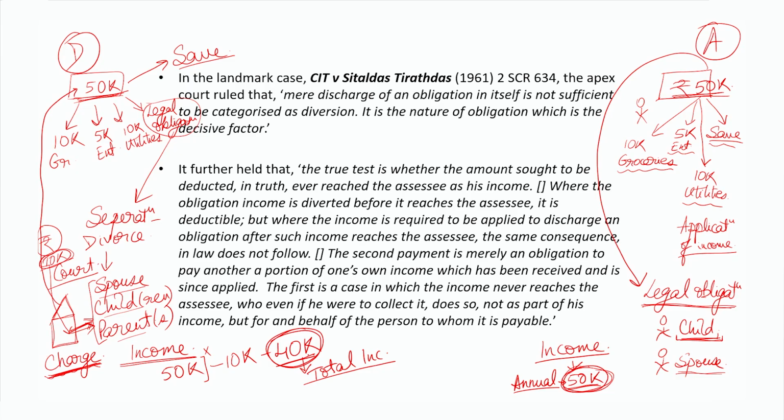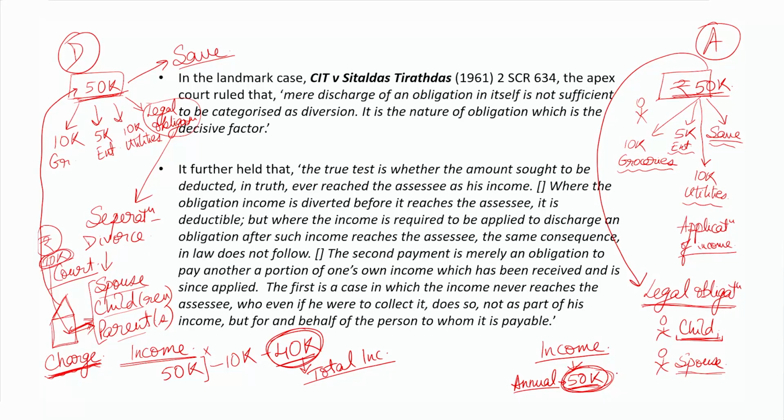So if you look at the cases, usually you will see that there is a fight wherein the assessee is trying to show that there is a diversion of income and not application of income. Why is that? If you look at application of income, how much are we paying tax on? We are paying tax on 50,000, right? So if your income is 50,000, then obviously the amount of tax that you will pay will proportionately be higher compared to the amount of 40,000.